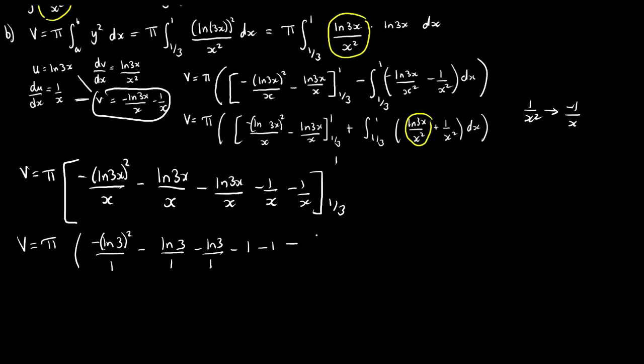And we're going to subtract from that and put a third in. Now, log of 3 times a third is the same as log 1, which is 0, so all the log 3x terms are going to disappear. You have minus 1 over a third, minus 1 over a third, like that.